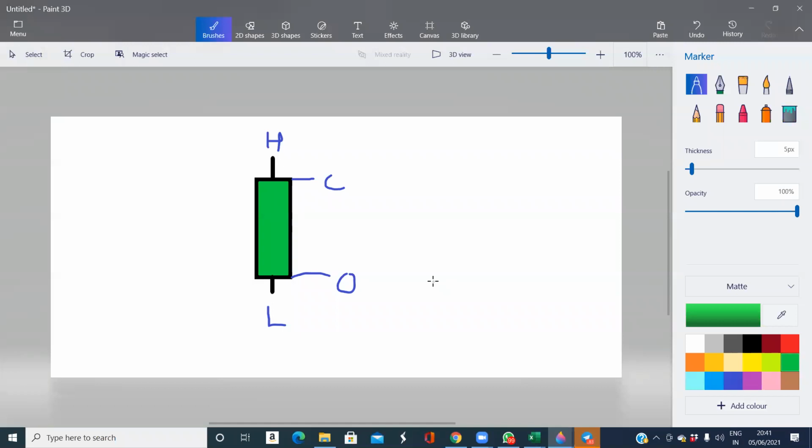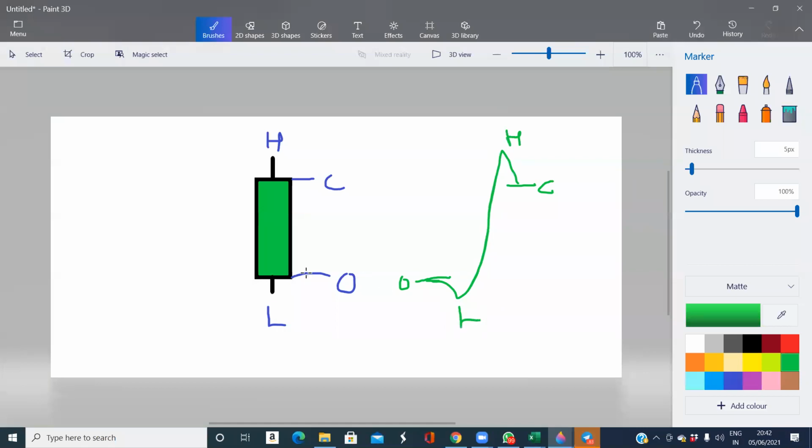So consider here the market opens. Okay. Then the market went down. Then the stock went up, made some high, and then it closes here. So here it opened, here it closed, here it made the high, and here it made the low.